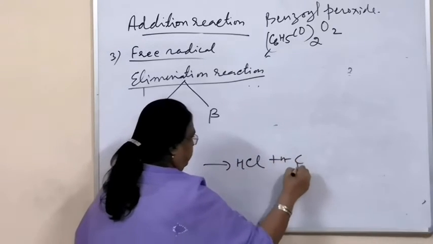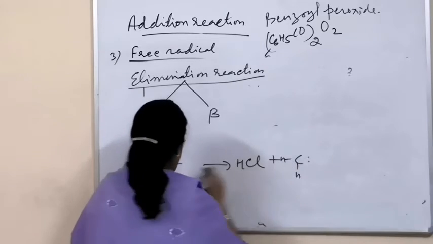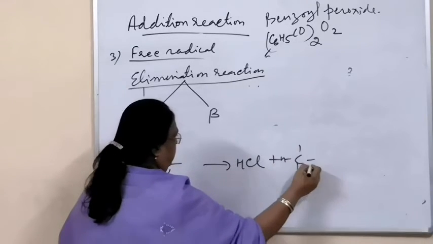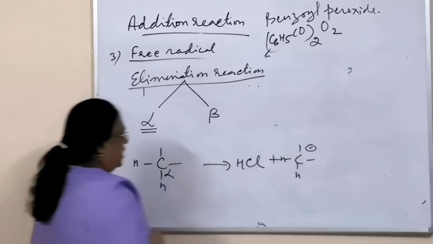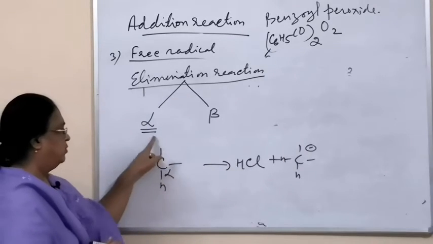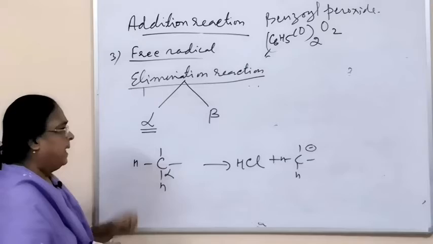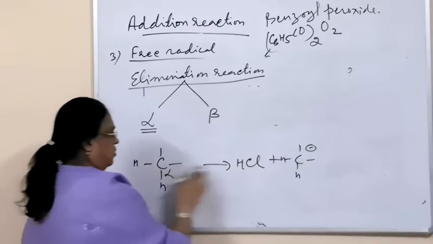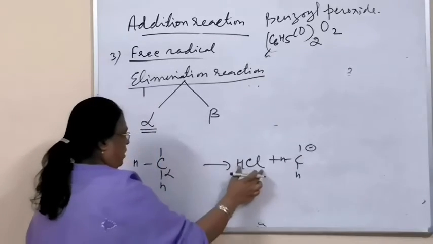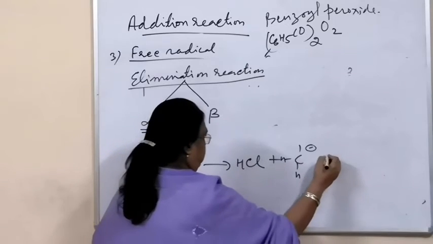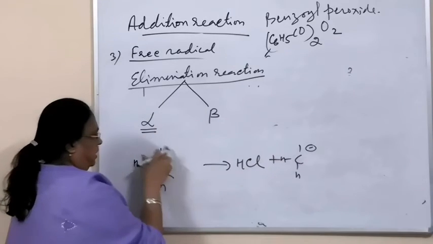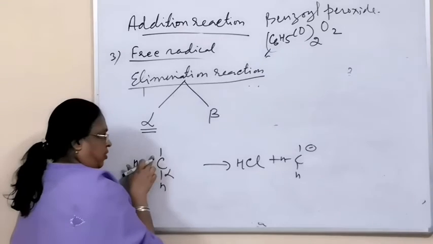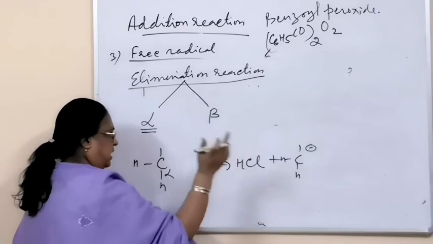So we will be left with one bond here, one bond here, and a negative charge here, because hydrogen is leaving, leaving its electron here, and this electron has gone with chlorine. The chlorine has taken the electron.